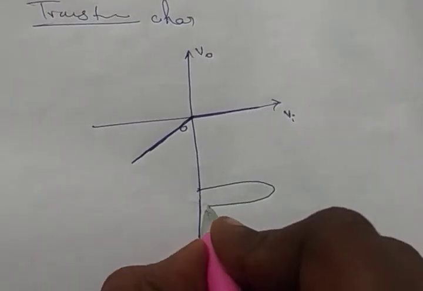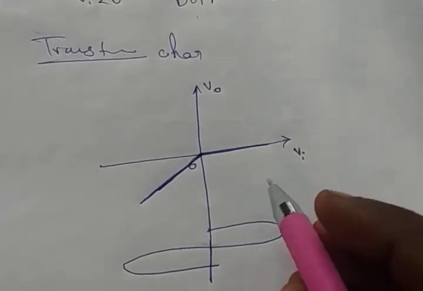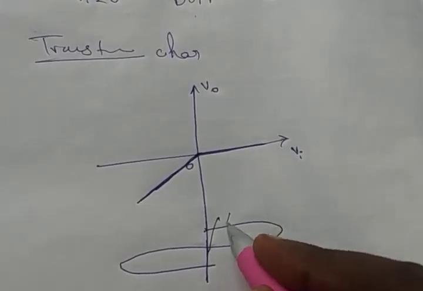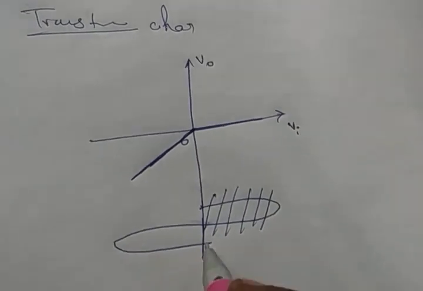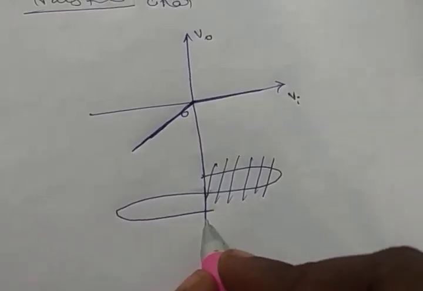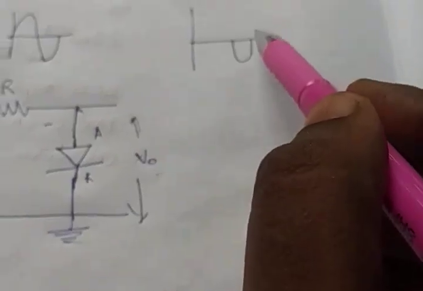So this is our input, and where the DC line is present, this portion will be clipped. Only the negative part will be present at the output. So this is the total operation of the positive peak clipper.